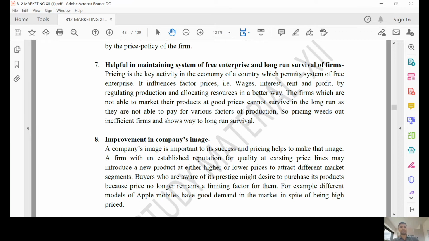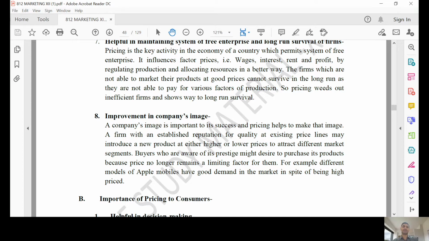Also, improvement in the company's image. Company's image is important to its success, and pricing helps to make the image. A firm with an established reputation for quality at an existing price line may introduce a new product at either a higher or lower price to attract different market segments.